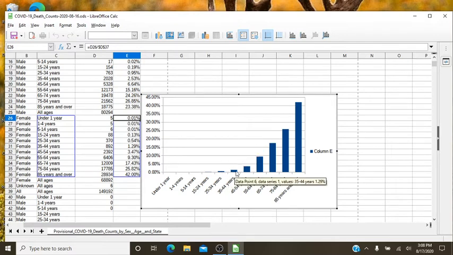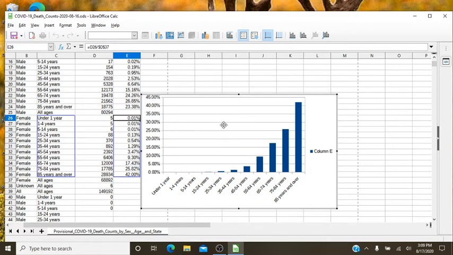But as usual, at 64 and under, the death rate drops to below 10%. By the time you get down as a woman to 25 to 34, you're under 1% for your death rate.